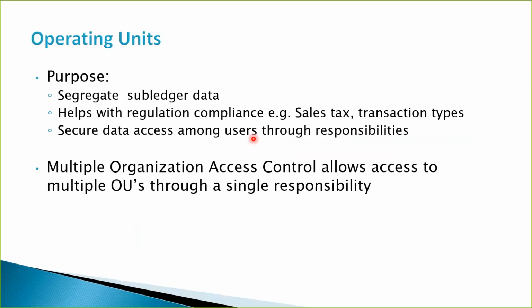Operating units also help with compliance to regulations, because within the operating units you can define things such as transaction types, which also affect things like the taxes that are paid on these transactions. So operating units can help companies organize themselves in this way.